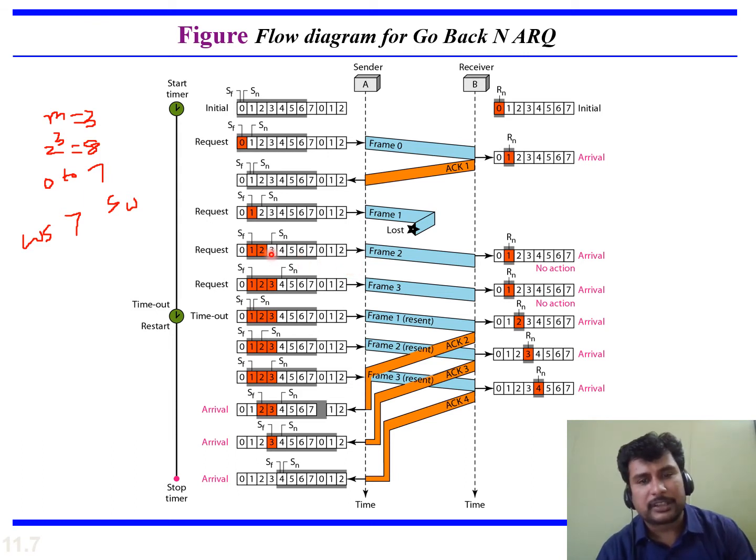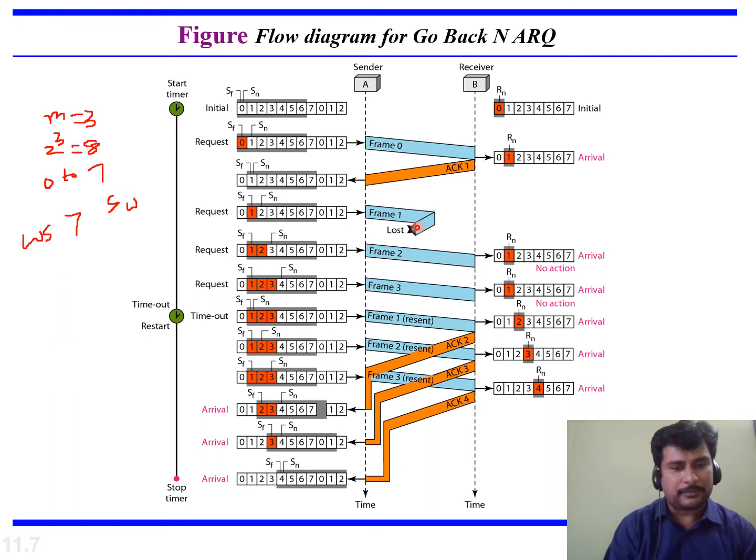Here, we are trying to send frame 2, and next we are sending frame 3 before waiting for acknowledgement for frame 1. But what happened here is, though frames 1, 2, 3 are transmitted, 2 and 3 successfully reached the receiver, and frame 1 has been lost.